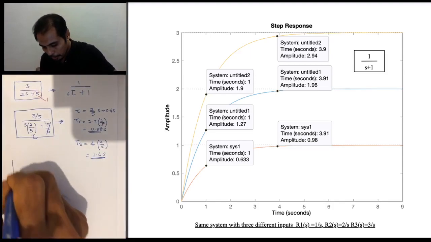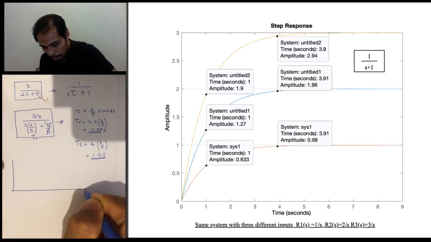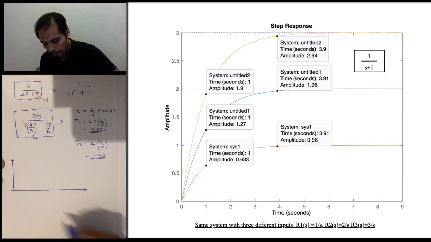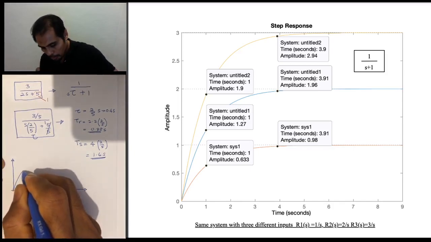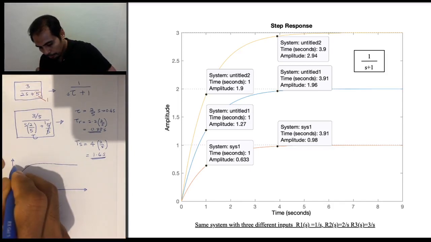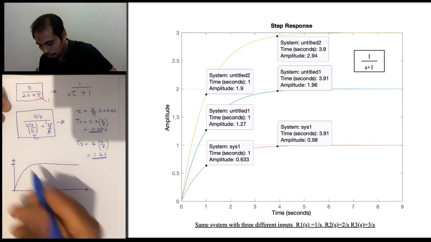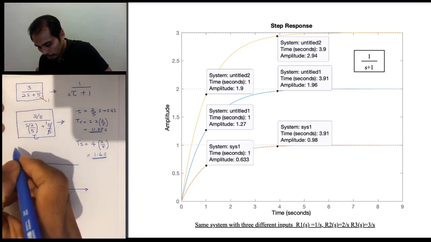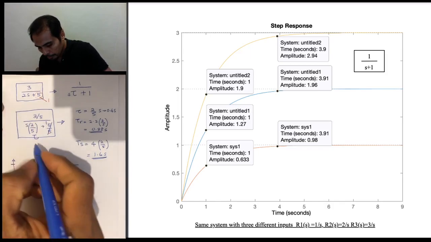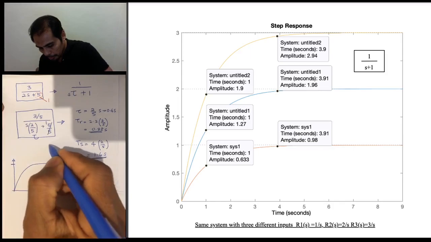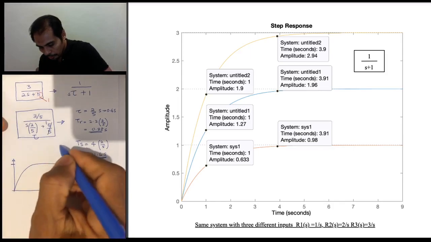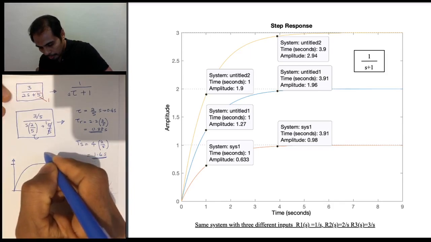Then we can just validate the parameters for the response. We know that the response can be like this. This is the steady state. We can calculate from here, which is going to be e to the minus 5t, right?